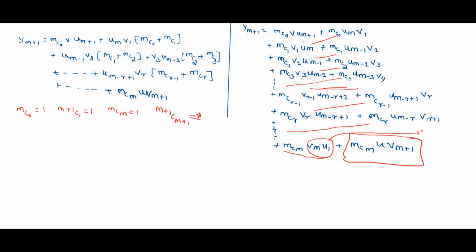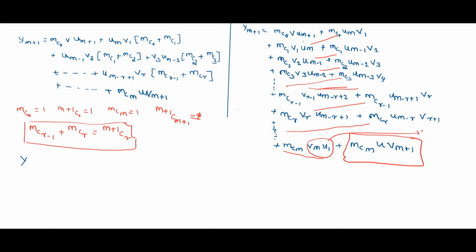And then we know that MC(R-1) plus MCR is equal to (M+1)CR. This is the formula. By using this formula, each bracket term can be expressed as follows.